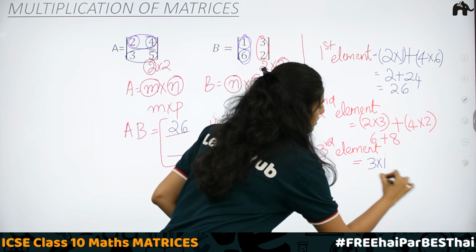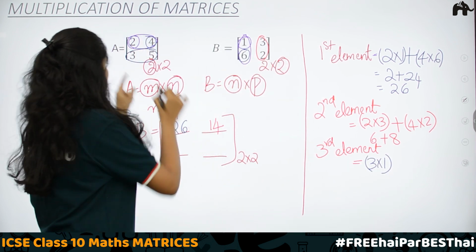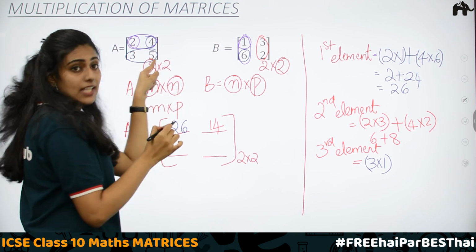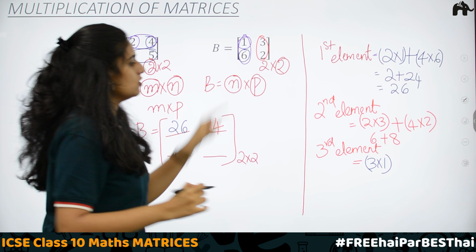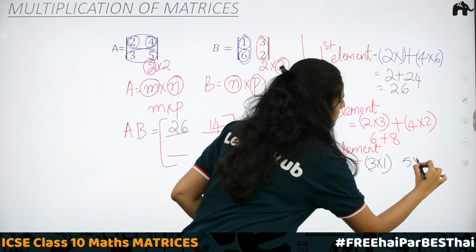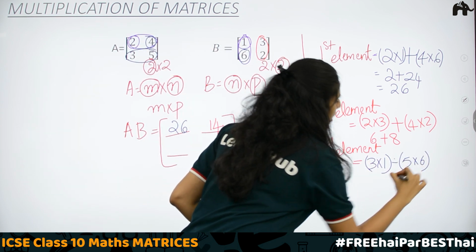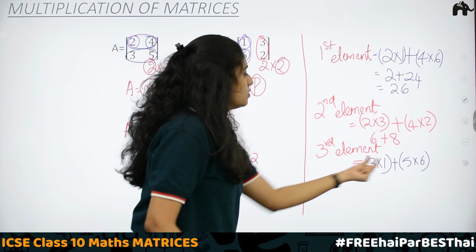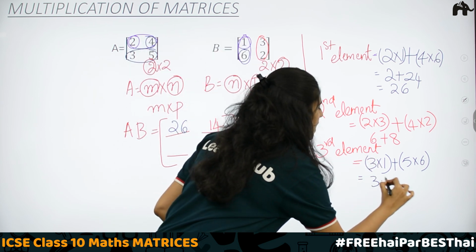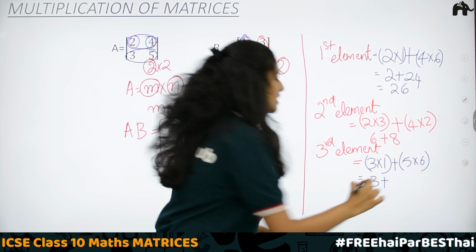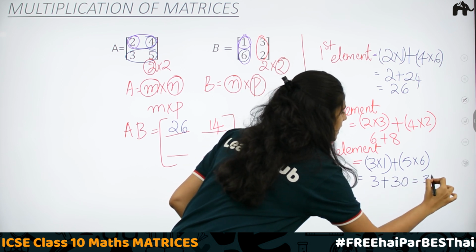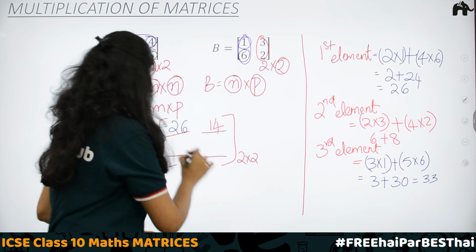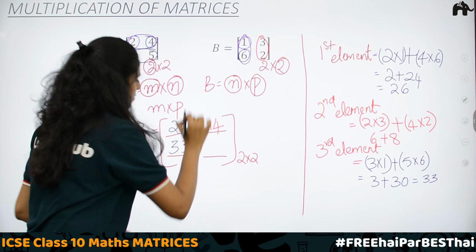Then the second element of the second row, that is 5, and the second element of the first column, which is 6. 5 into 6. You have to add them. 3 into 1 is 3, plus 5 into 6, 30, which is equal to 33. So 33 is our third element.